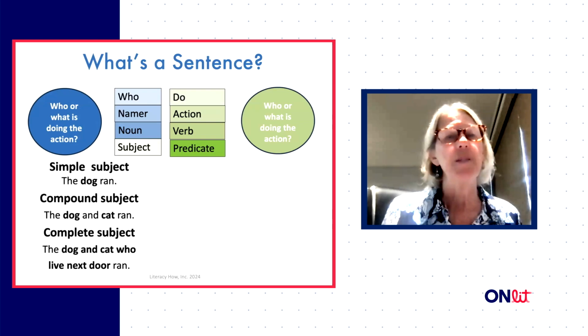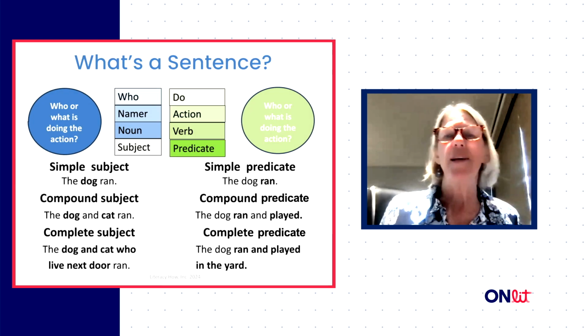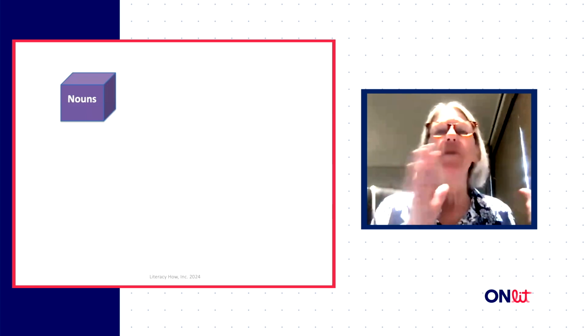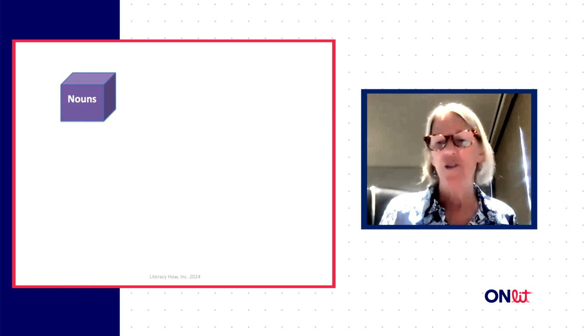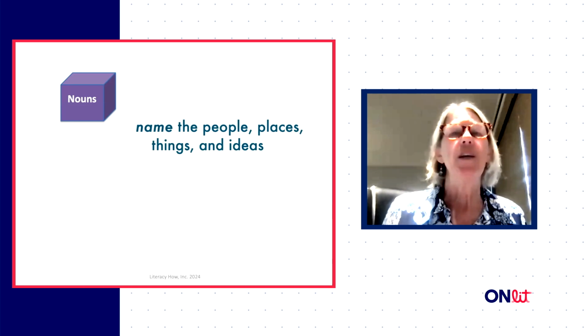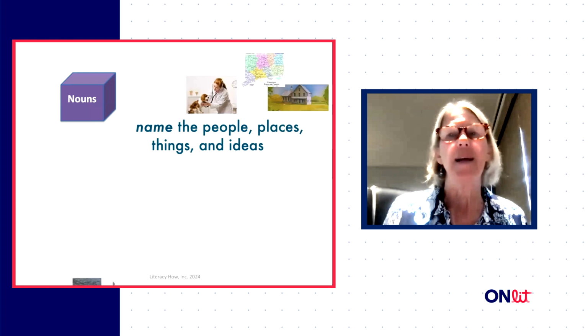So we have a simple subject, a compound subject, a complete subject. We have a simple predicate, a compound predicate, complete predicate. So again, I'm just going to go through the grammatical building blocks in a way so that you can have an idea of how we teach these. We teach the nouns as namers because they name people, places, things, and ideas.